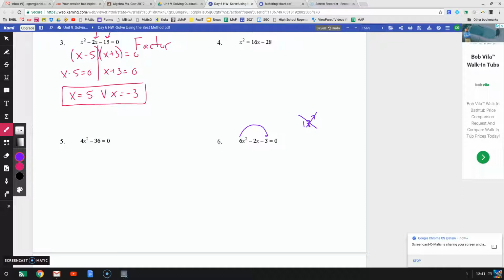So I am typically going to jump to either completing the square or to the quadratic formula. Now I am going to steer clear of completing the square because I have a leading coefficient of 6. So I am going to use my quadratic formula to solve this problem. That would be my best method here.